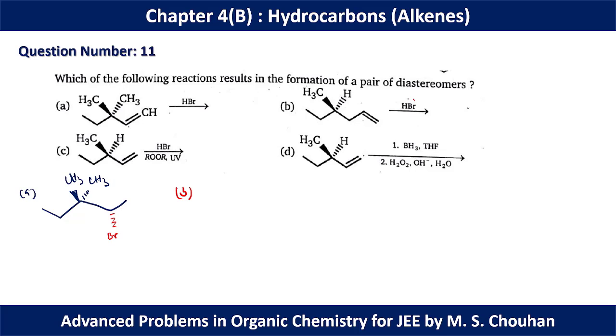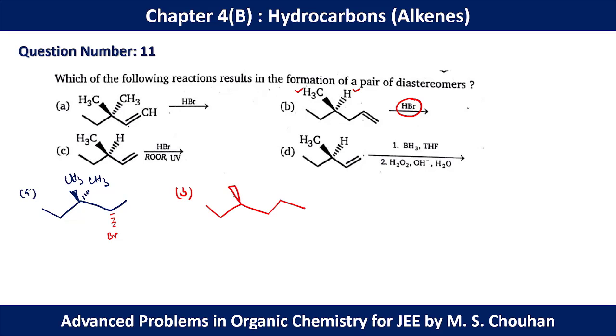Now, if we have HBr in this case and we have one alkene in this position, we have an unsymmetrical situation between these two bonds because we have CH3 and H. Now, we have a more interesting case because in B we can have a situation like this.